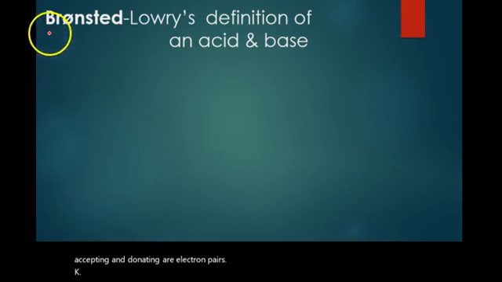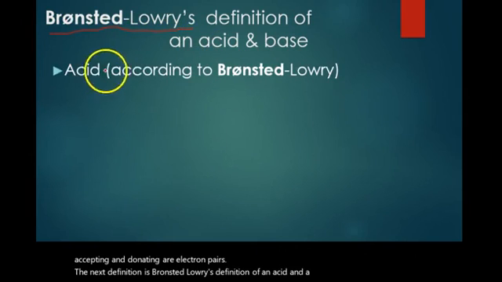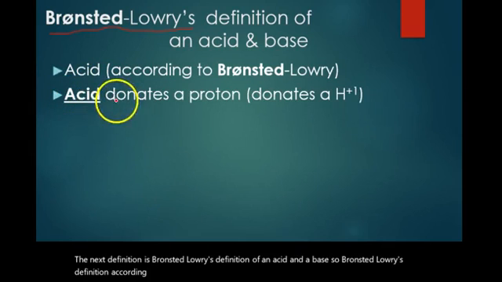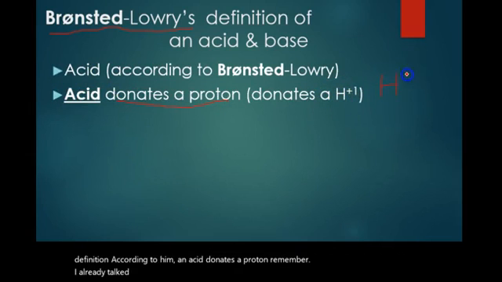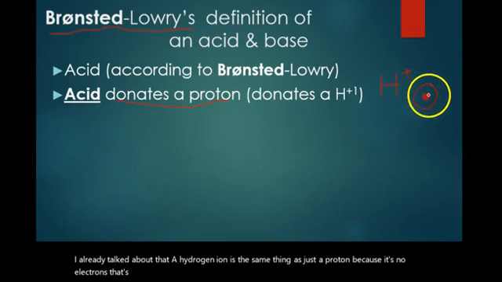The next definition is Bronsted-Lowry's definition of an acid and a base. According to Bronsted-Lowry, an acid donates a proton. Remember, I already talked about that a hydrogen ion is the same thing as just a proton, because it has no electrons, that's how it got a positive charge, and one proton in the nucleus.